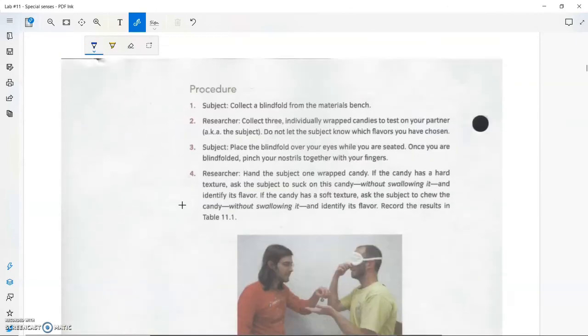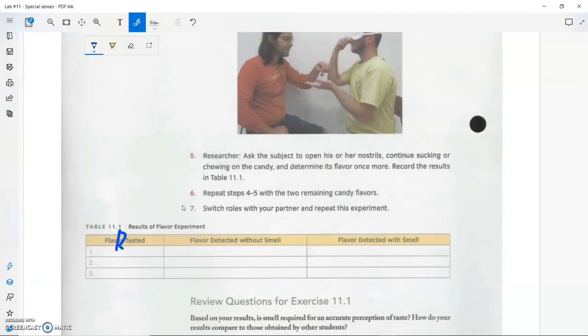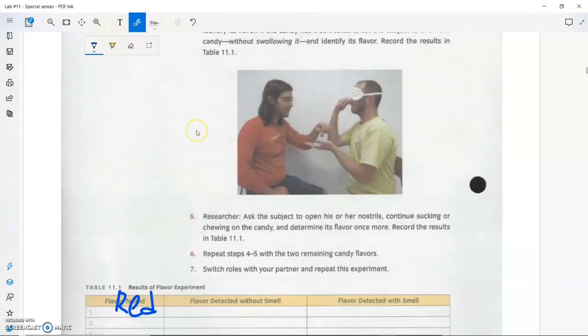Now, the relationship between taste and smell. That's actually a pretty cool story. We're going to kind of play it out. What we usually do in this exercise is pretty cool.